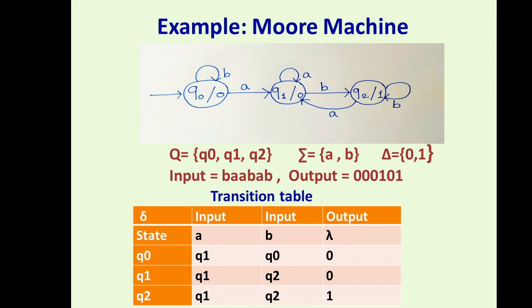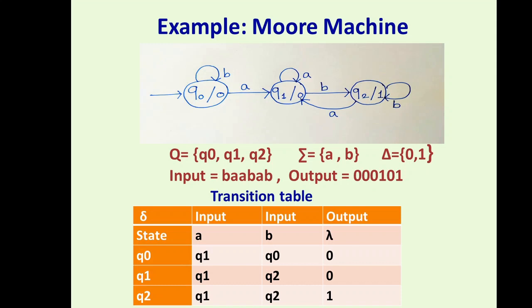Now let us consider one input string, BAABAB. Now check which output is generated. For the first B, the input symbol small b, when we are in state Q0, which is the initial state, we are reaching state Q0 itself and it is generating output 0.